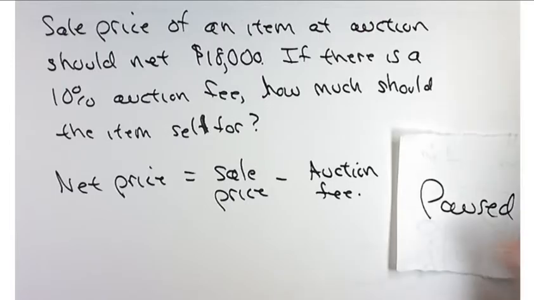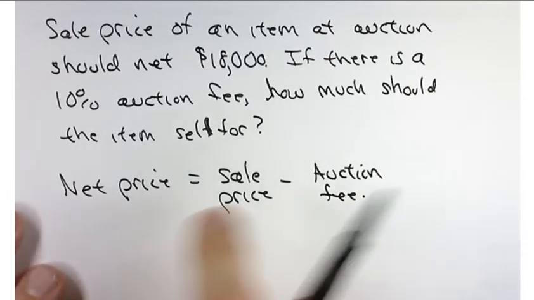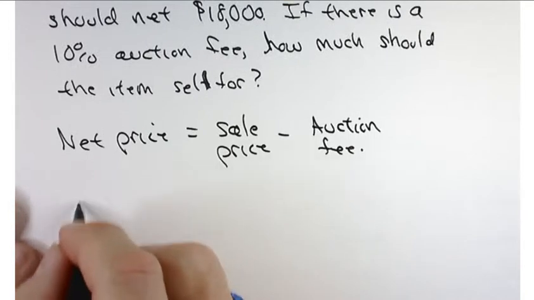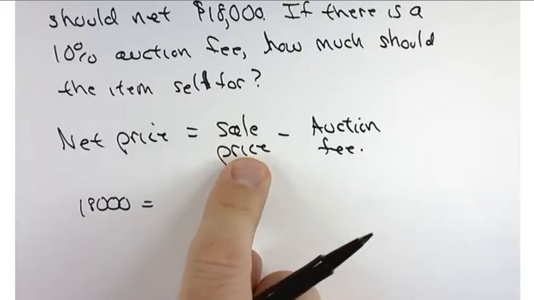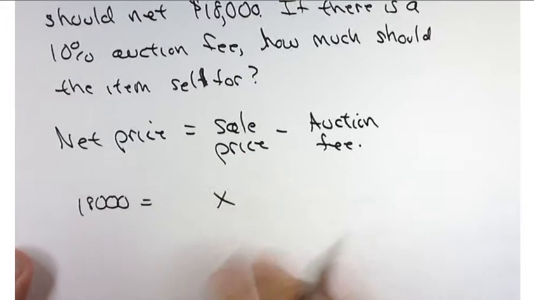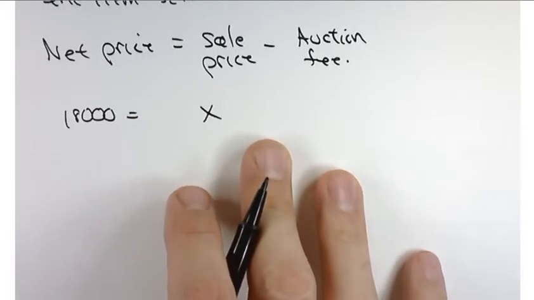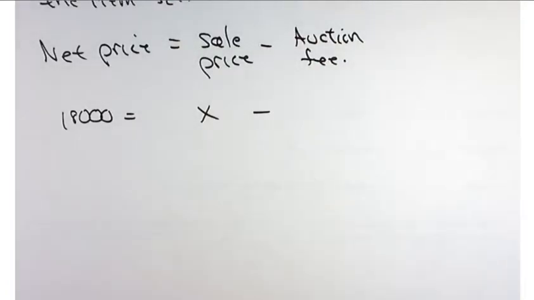Okay, this one seems like it's working a little bit better. So our net price is going to be $18,000. Do we know what our sale price is? No. So most of you chose to write that as an x, and that's fine. How do I calculate the auction fee?